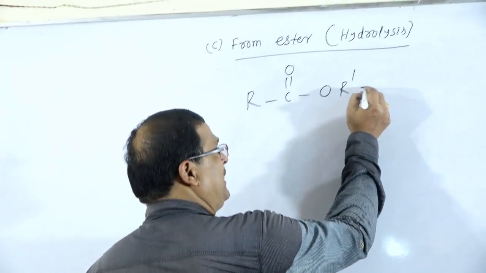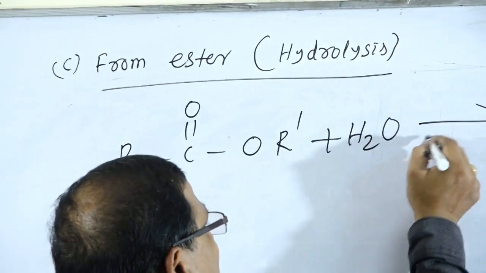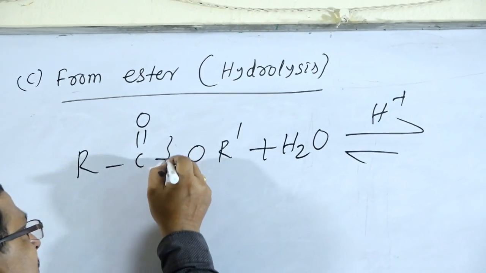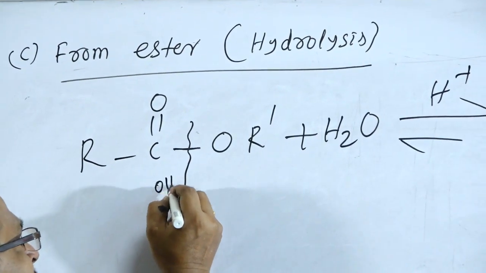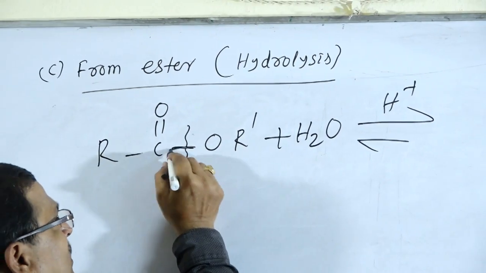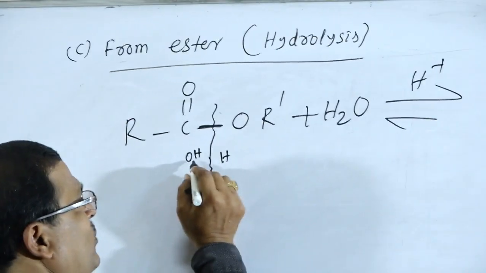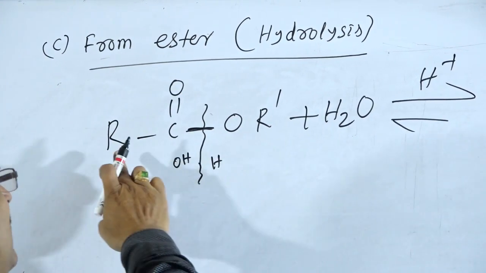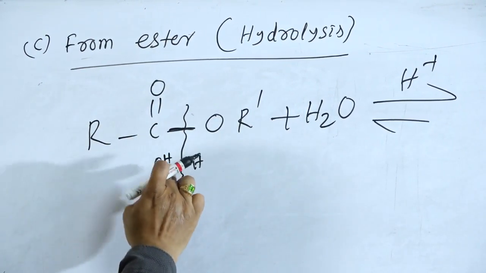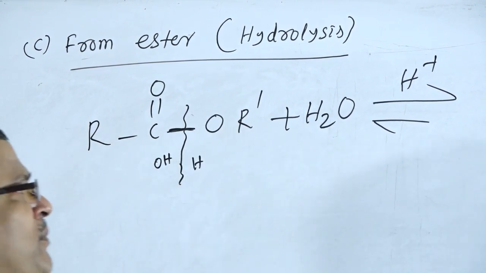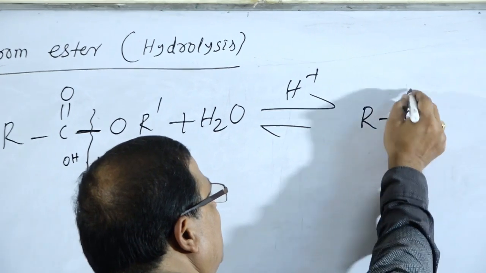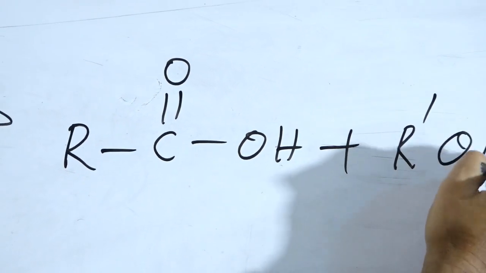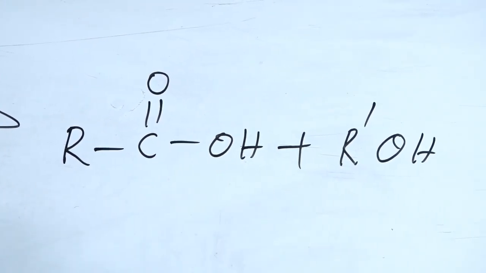For example, with water in the presence of mineral acid, this bond will break by the addition of water, that is OH and H. So the formula will be RCOOH plus R dash OH, that is the carboxylic acid.